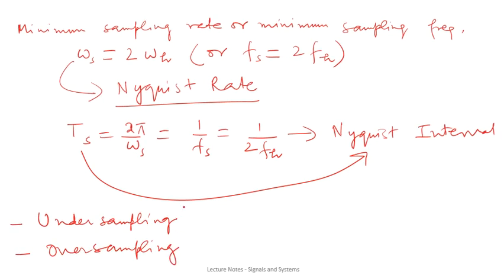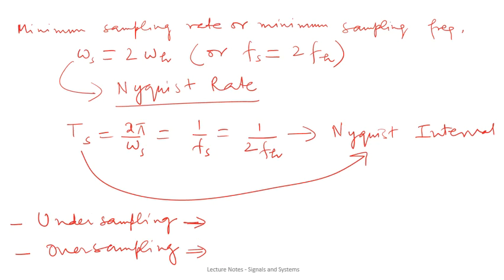If you sample a signal at a rate that is less than the Nyquist rate, then that will be called undersampling, and if sampling is done at a rate which is greater than the Nyquist rate, then that will be called oversampling.